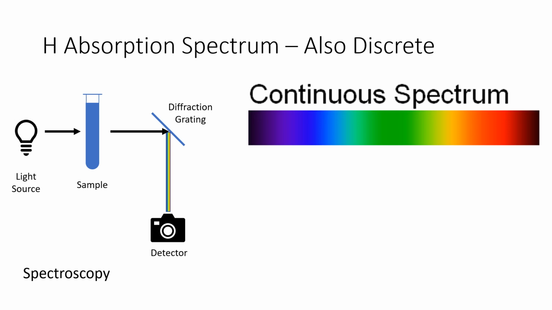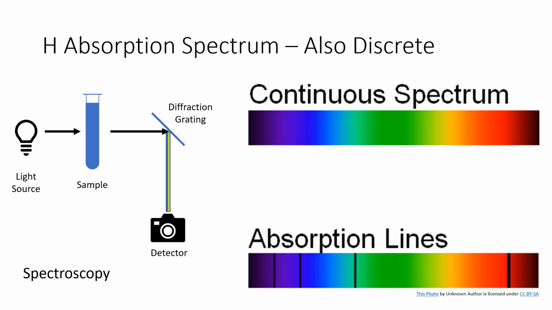Now, the light source will be a continuous spectrum. It'll have all the colors of the rainbow. But if we look at the light that comes all the way through into the detector, we will find that some of that light has been absorbed by the sample, and so we now have these black lines that are referred to as absorption lines, where the light was absorbed by the sample.